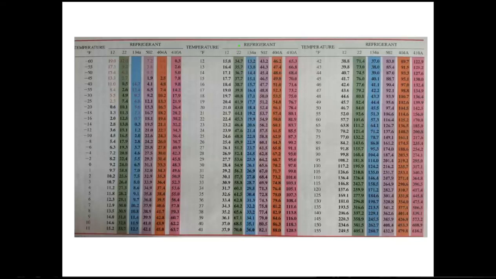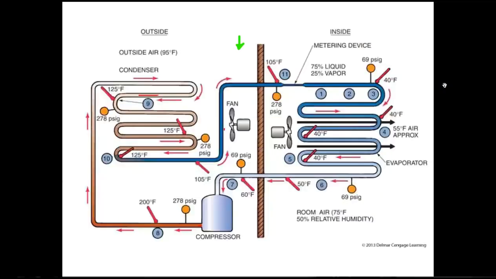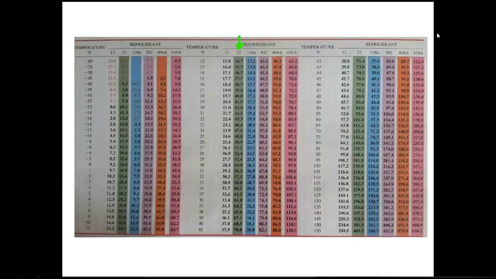Now in this example, we're using R22 refrigerant, which happens to be this column right here. And if we go back, we're at 69 psig. So let's take a look. Let's go down this chart. And this is our pressure column for R22.